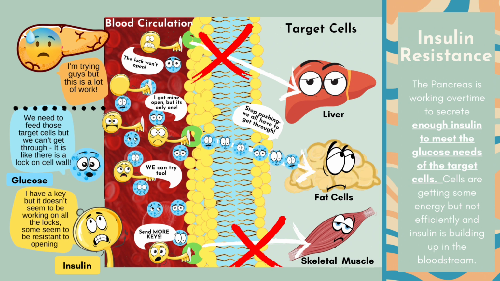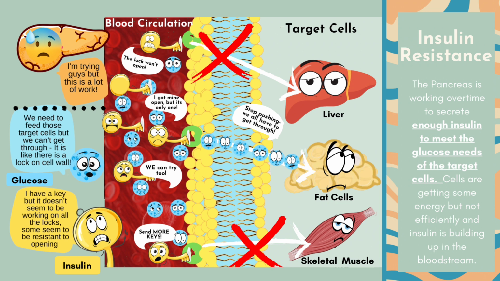Our glucose guy is still saying, hey, we need to get through that cell wall, but there's a lock on it. Insulin's going, yeah, guys, I know, I am a key, but for some reason, some of the locks have become resistant to opening. They're not opening for the insulin. What's happening?